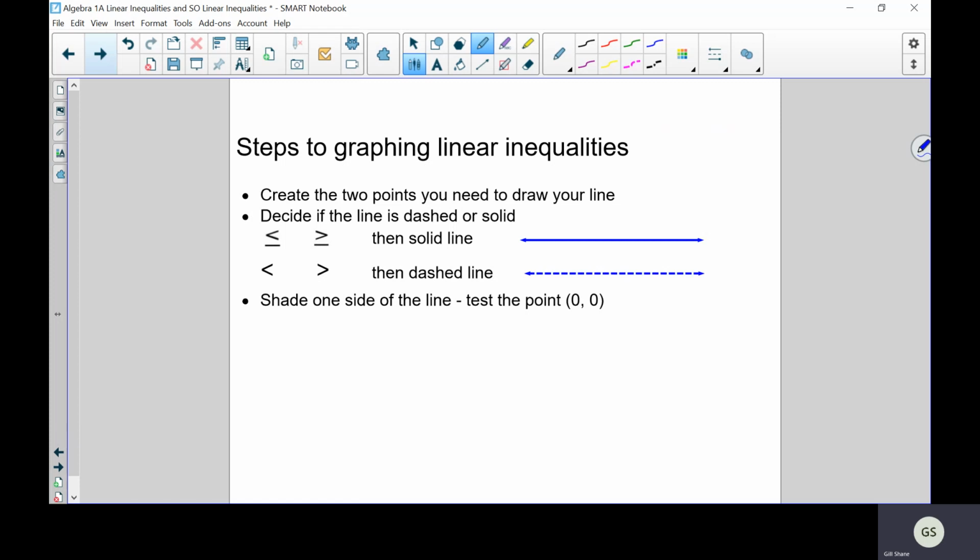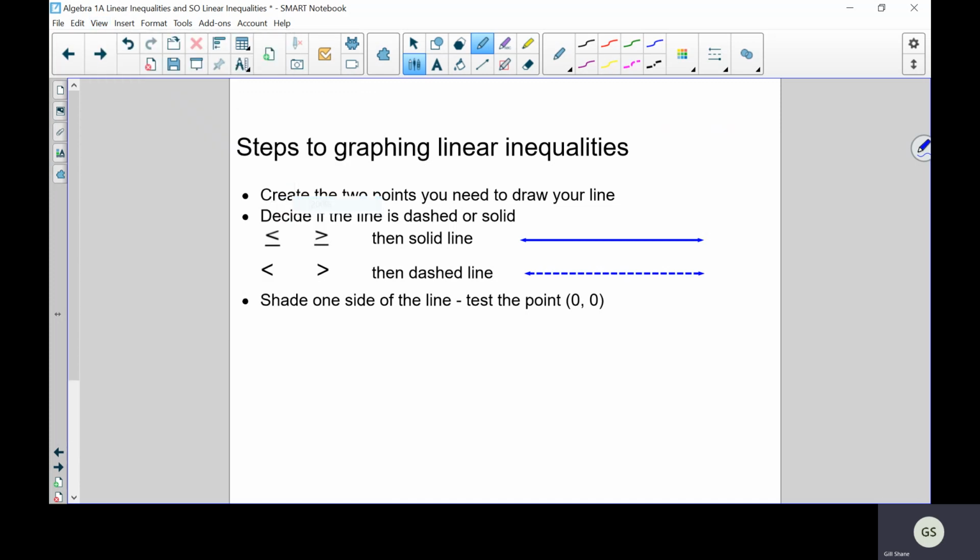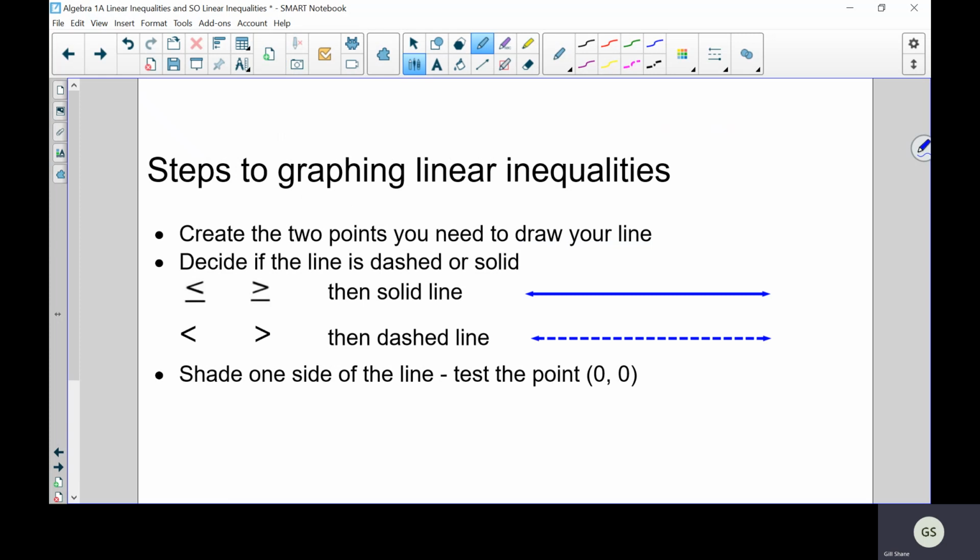Let's just go ahead and do this. We'll just do the notes part first. I'll zoom in. So we're going to be shading and doing a dashed or solid line. You got to know when to do that. I explained why you do it on Monday.